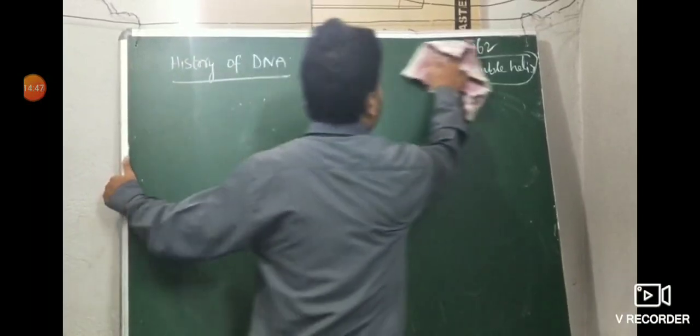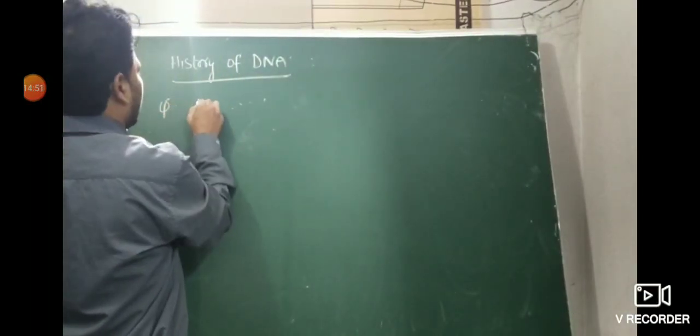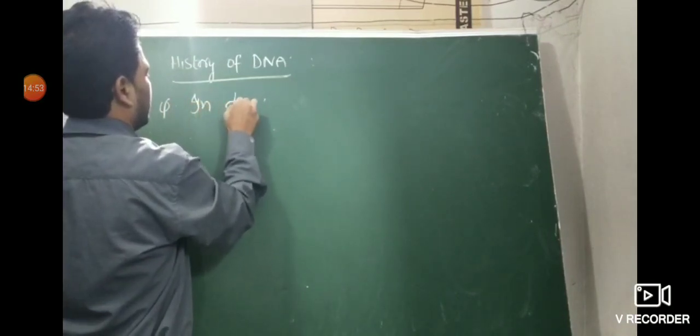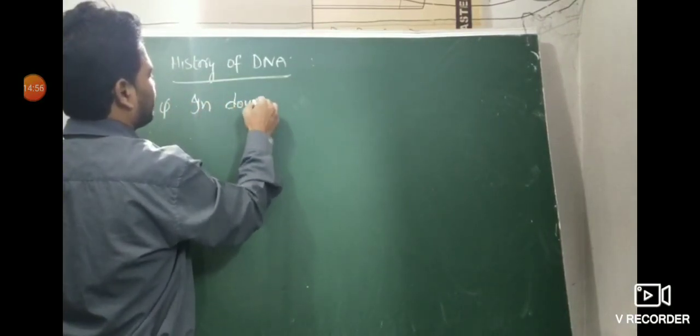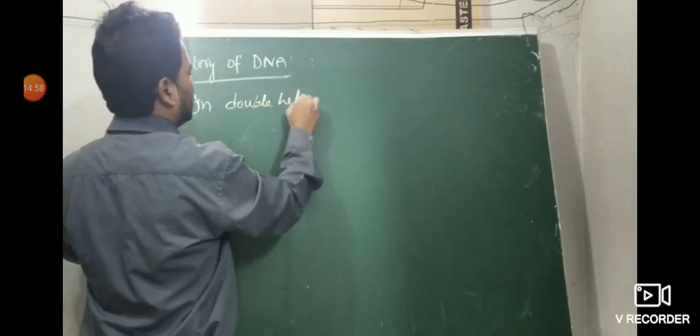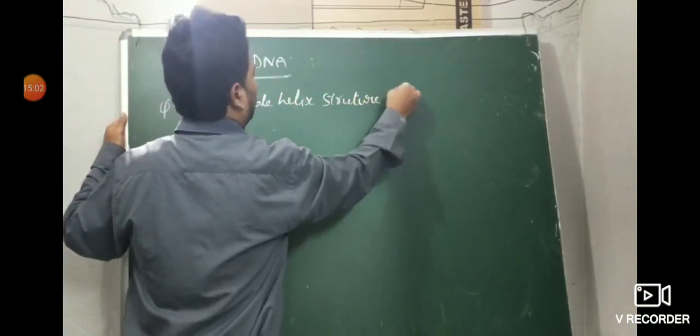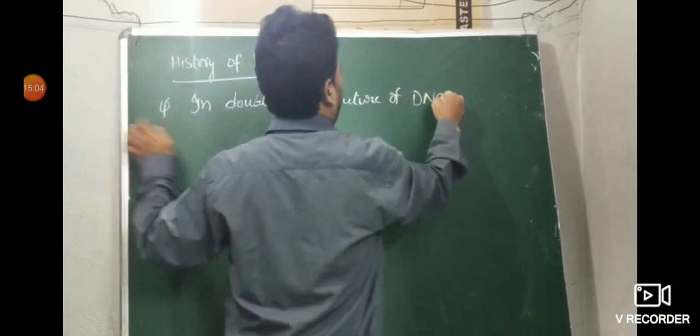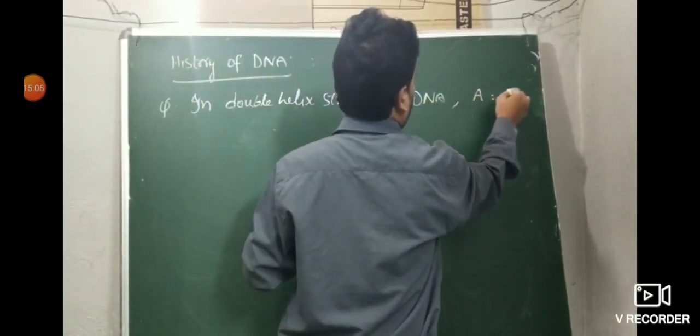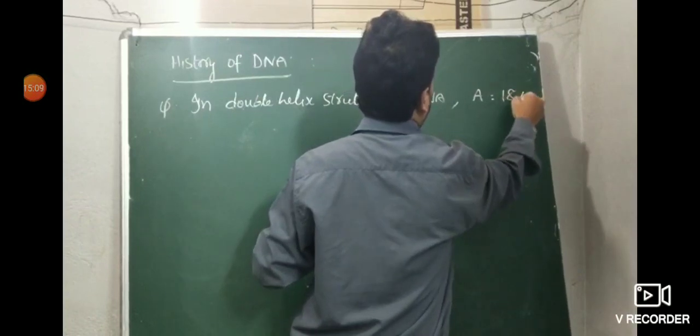In the double helix structure of DNA, adenine equals 18%.